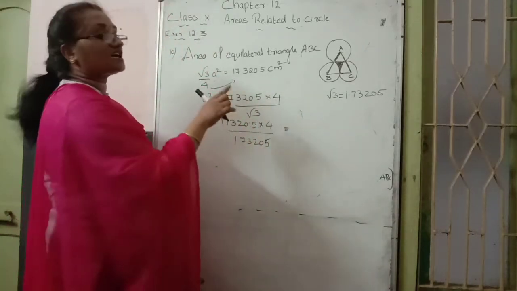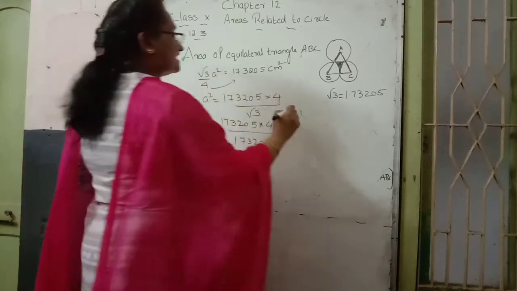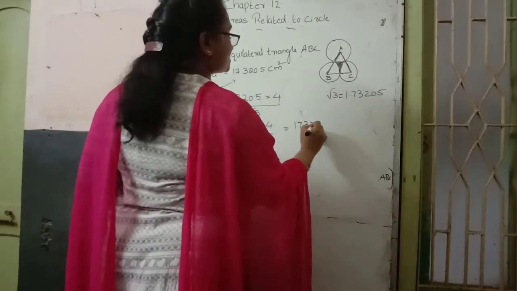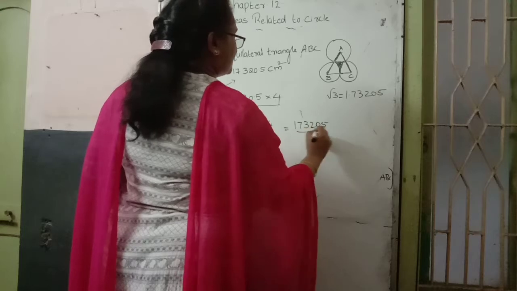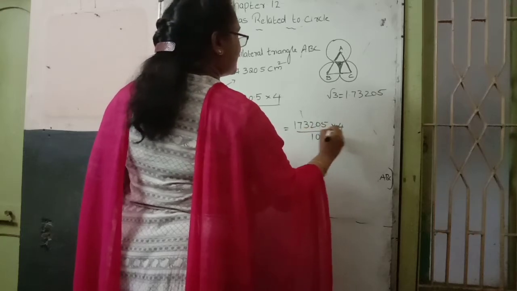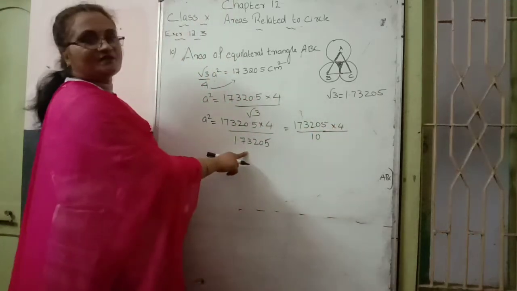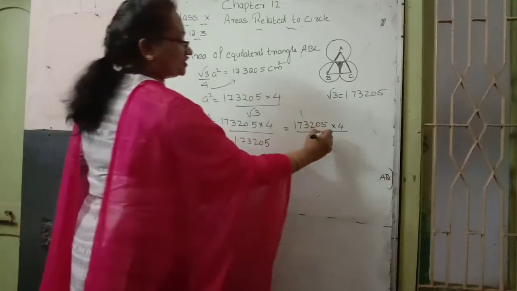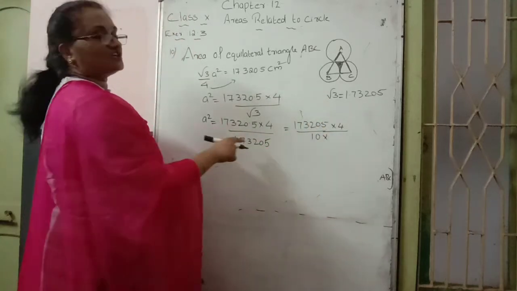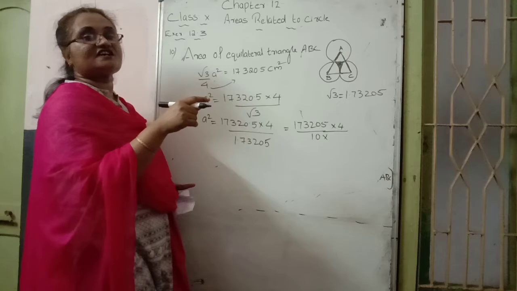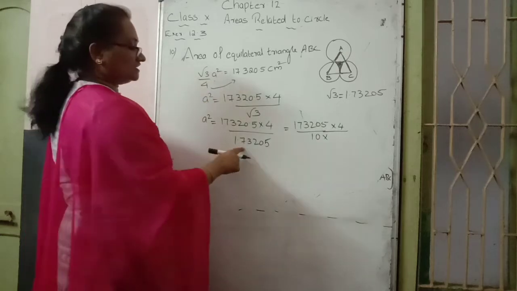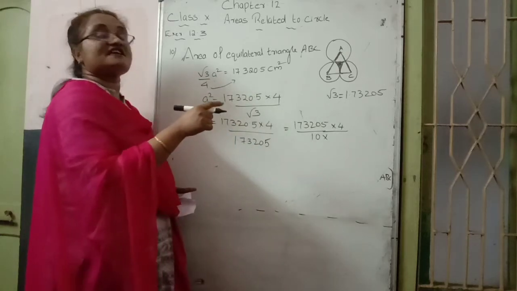In the numerator there is 1 place after the decimal point, so to remove it we multiply by 10. In the denominator, after the decimal point, how many places are there? 5 digits, so it is 1 followed by 5 zeros, which is 1 lakh.